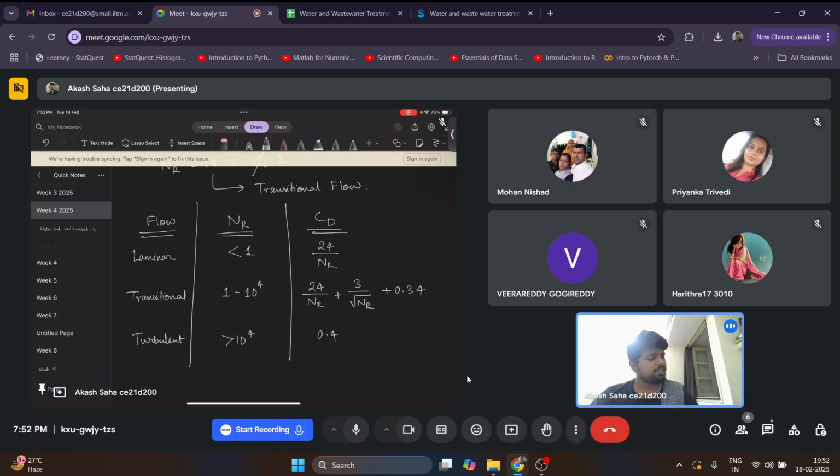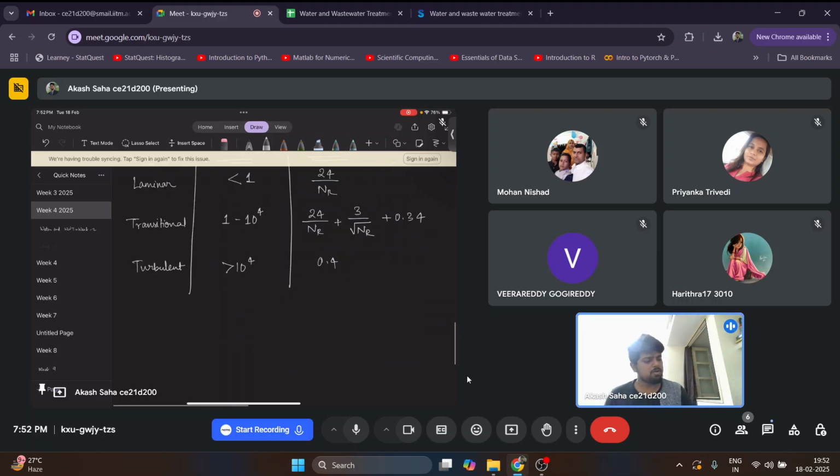Now we have seen that our flow is a transitional flow. So considering transitional flow, we will find out the CD, the drag coefficient. What is my transitional flow CD?